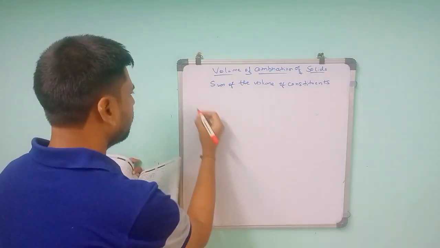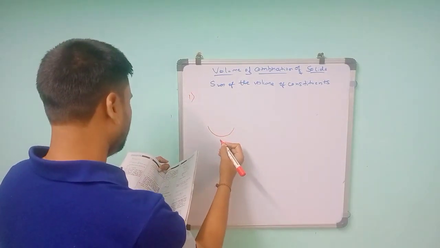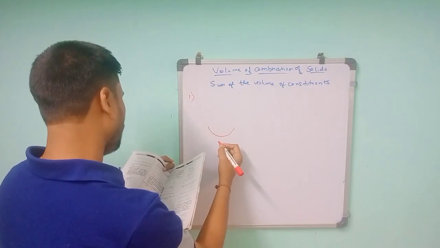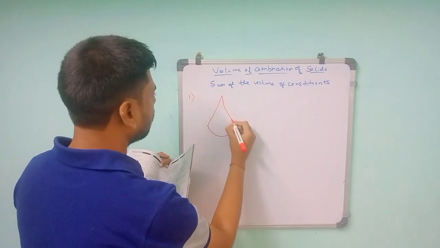So this is the hemisphere. In that, it is surmounted. It is standing on a hemisphere, which is that cone. So this is the cone.